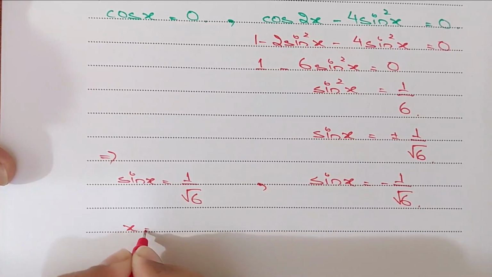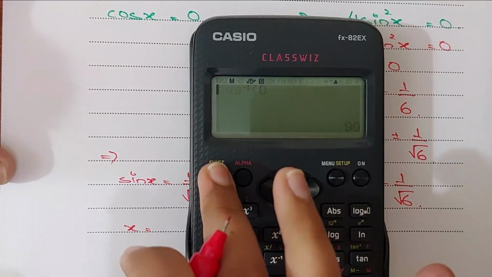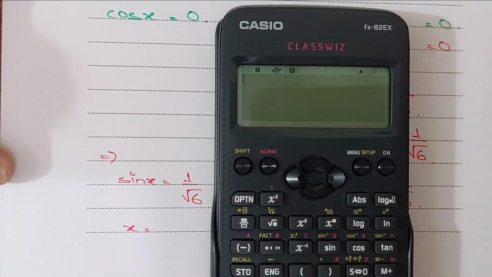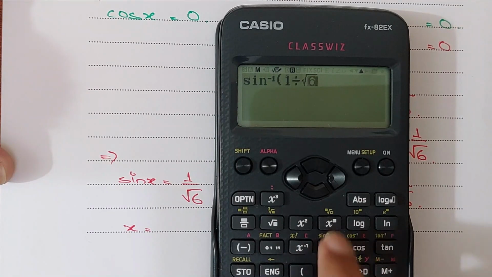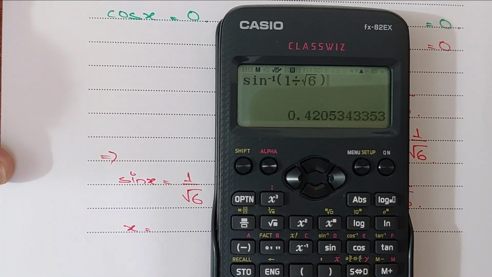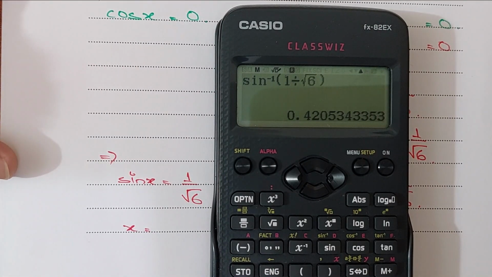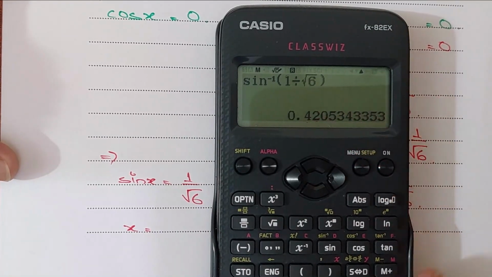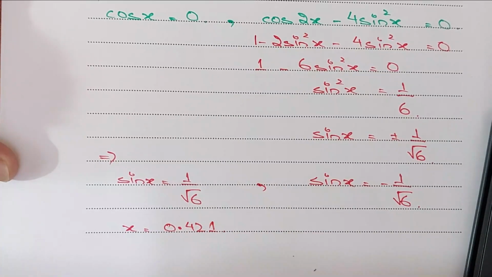So what is x? Sine inverse of, this must be in radians. My calculator is in degrees, let me convert it into radians. Okay, sine inverse of 1 divided by square root of 6. 0.420. We have to find the answer up to 3 significant figures. 1, 2, 3. So 0.421, right?